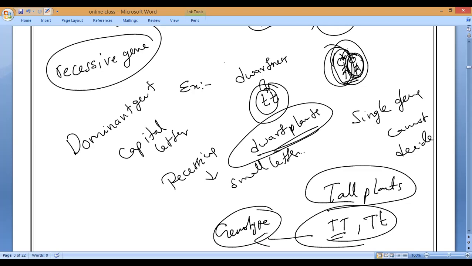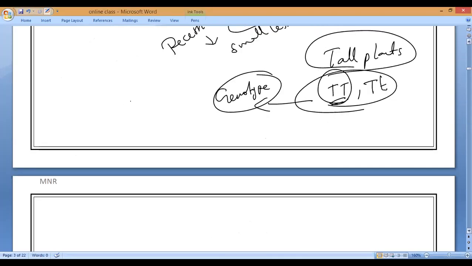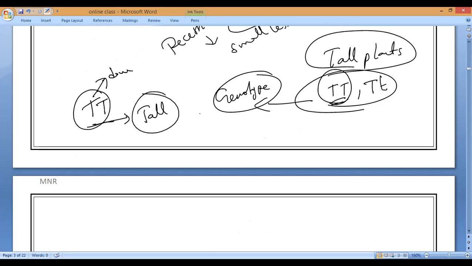That is what, Mukesh. If you take both capital T and capital T, that is what I am saying. If one T is present, it is still the dominant one. The second one is either a capital T or small t, it doesn't matter. Always the plant appears tall. Understand, Mukesh? Yes, sir.